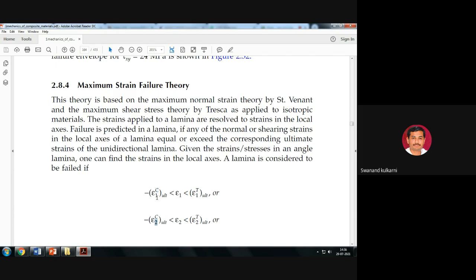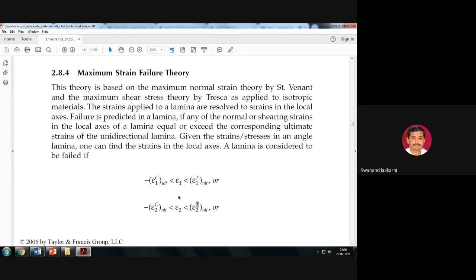So epsilon 1 C represents the compressive strain in direction 1, epsilon 2 C represents the compressive strain in direction 2. Since the word compressive is used, the negative sign is present in both cases. The strain along direction 1 and the strain along direction 2. Here it is tensile in nature, so for direction 1 tensile, for direction 2 tensile. Like this we can consider the strain values.